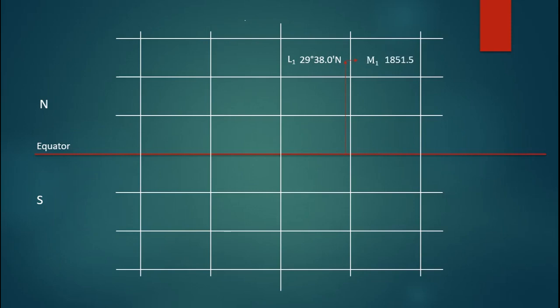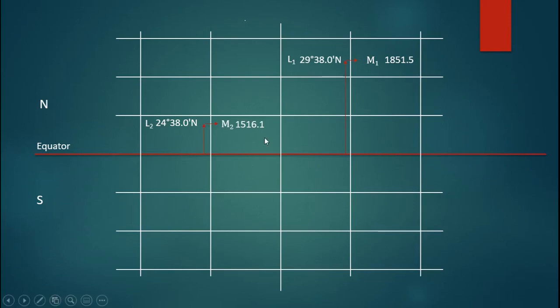That has 1851.5 meridional parts, and then we have L2 down here at 24 degrees 38 minutes north, and we measure from the equator, and we get 1516.1 meridional parts.